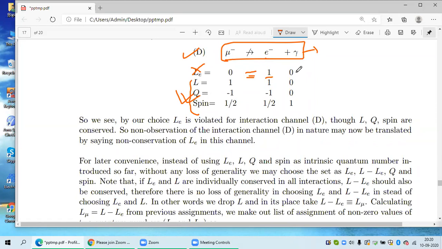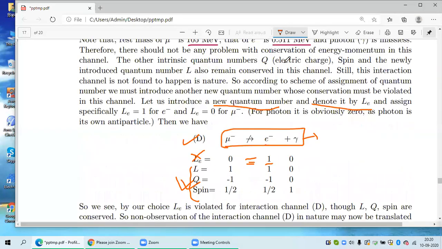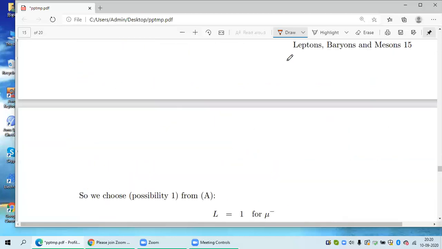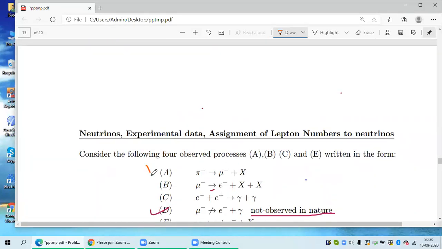Okay, sir, okay. Now, since you have introduced one new quantum number LE, you have to revisit the other equations A, B, C and check that LE is conserved in them.